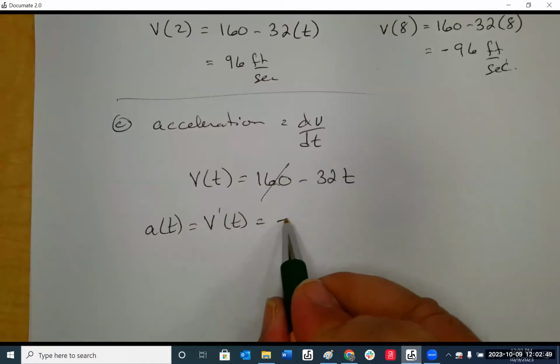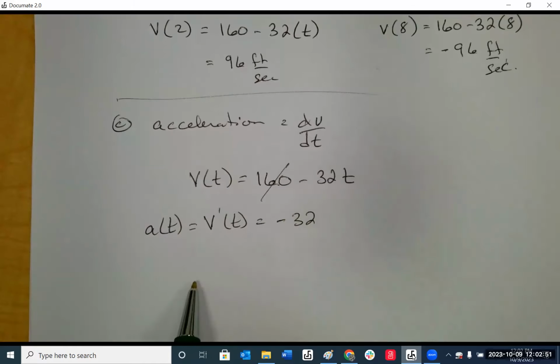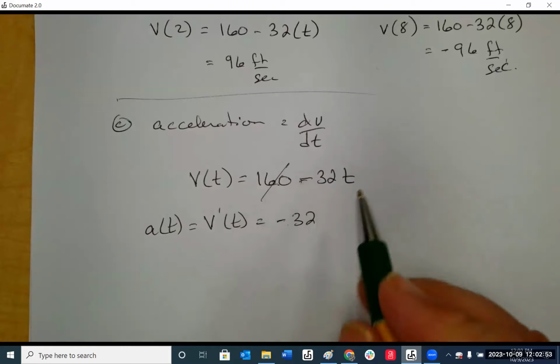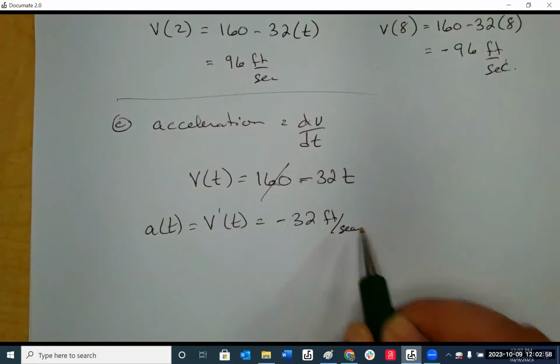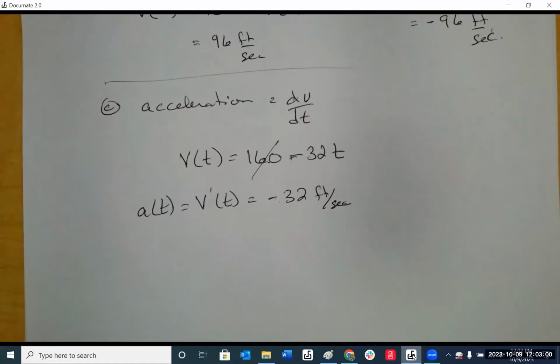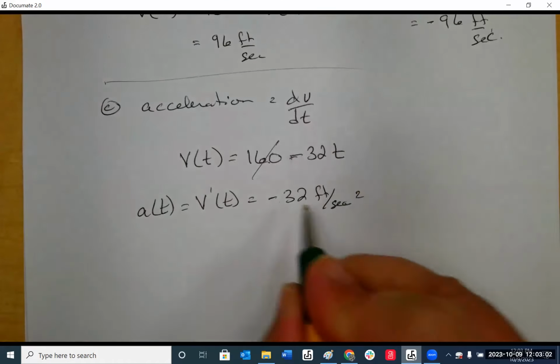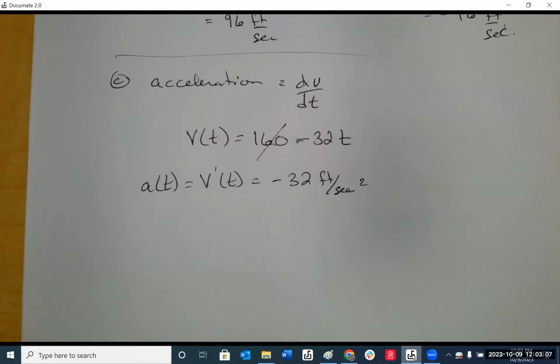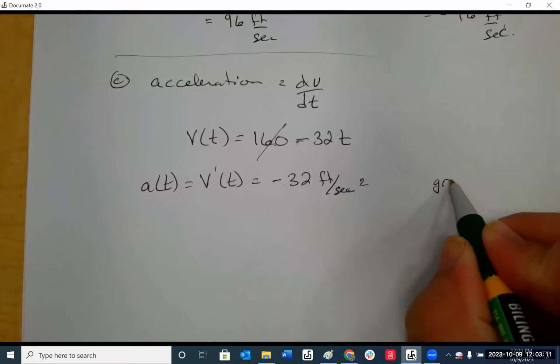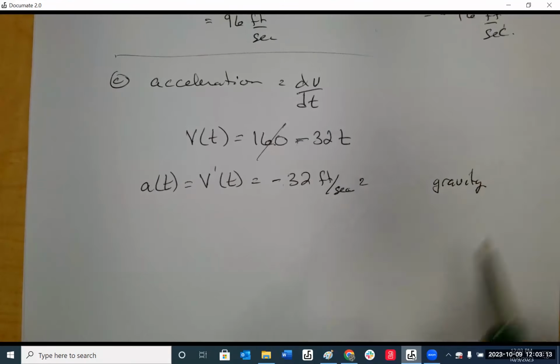That goes to 0. Negative 32 feet per second squared, because the time's gone. Why is that? Because gravity is the only force acting upon it. That's the only accelerating force acting upon it.